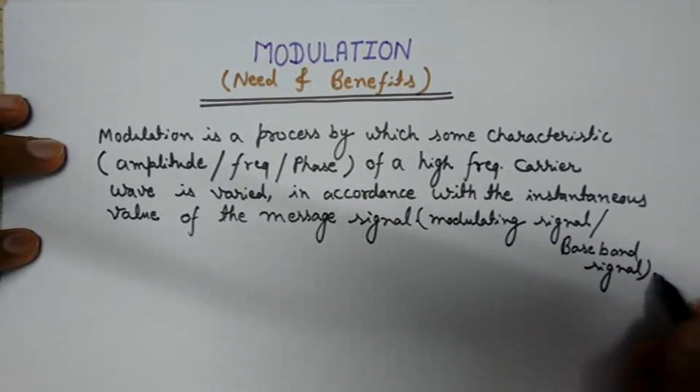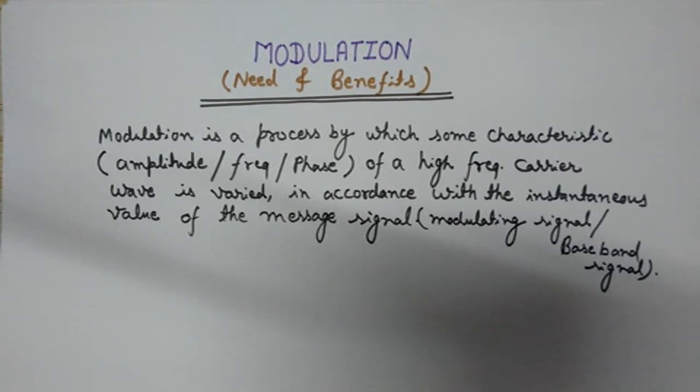Okay, so now let's discuss the need for modulation and its benefits. Here I am first summarizing, and later we will deal with each of these benefits and needs of modulation in detail one by one.